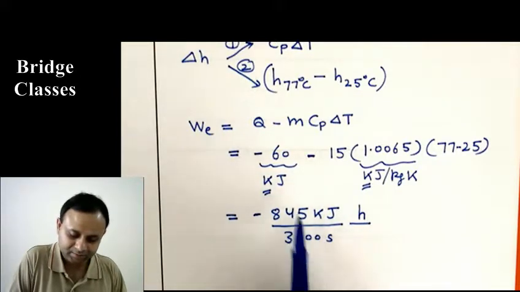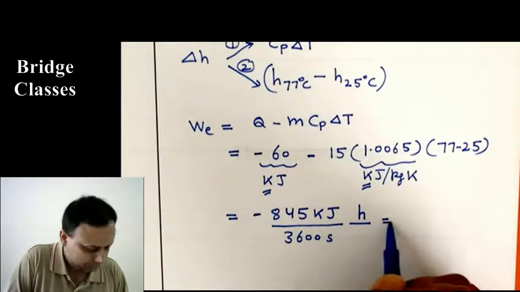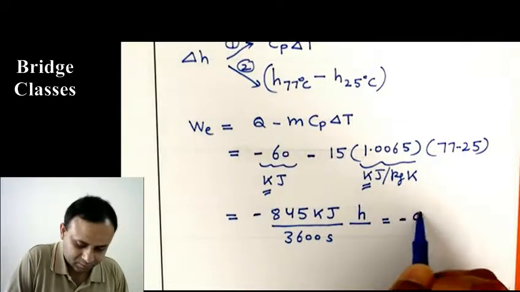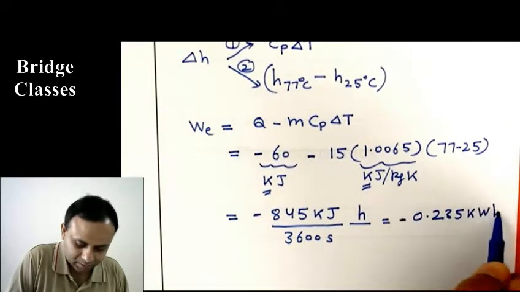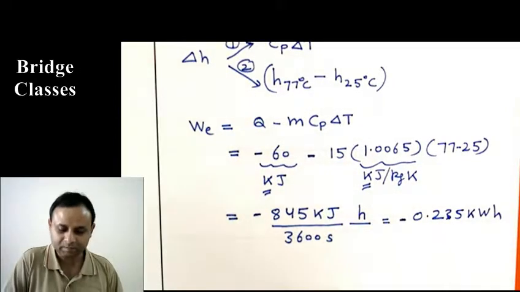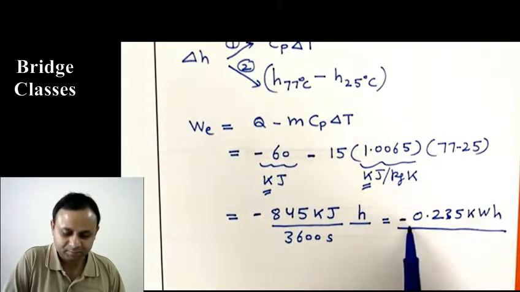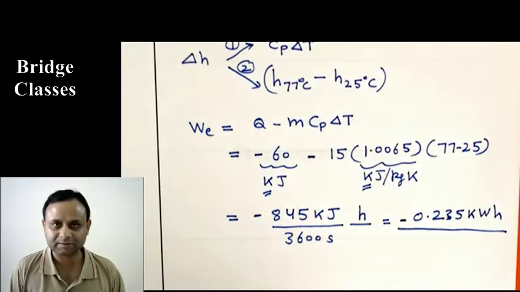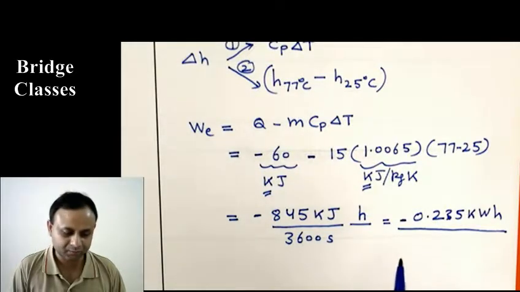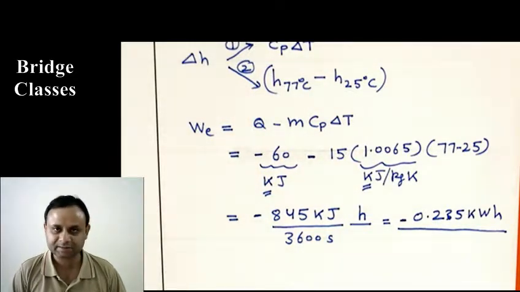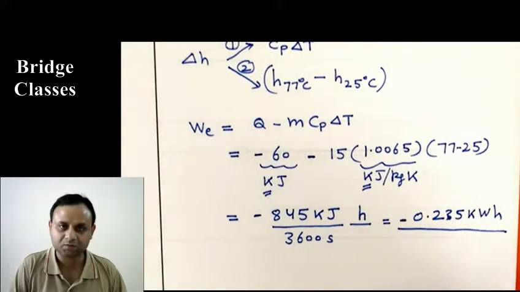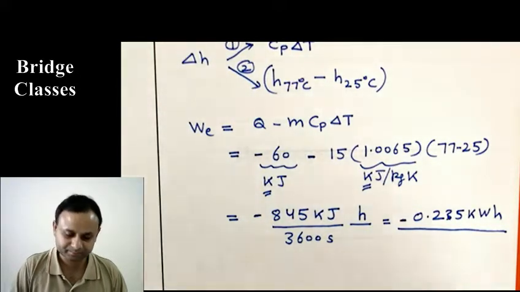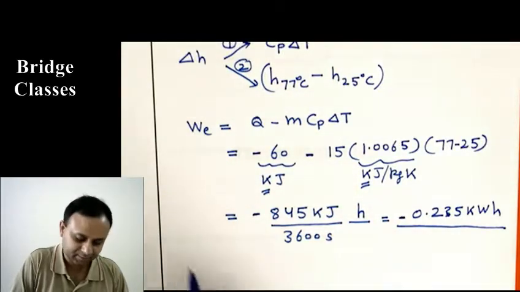So now your answer will be in kilowatt hour. So this gives negative 0.235 kilowatt hour. And this is negative because work is done on the system. So if we have to say how much energy is required, it will be 0.235 kilowatt hour. You just take off the negative sign.